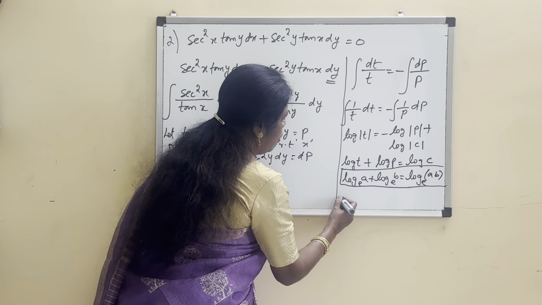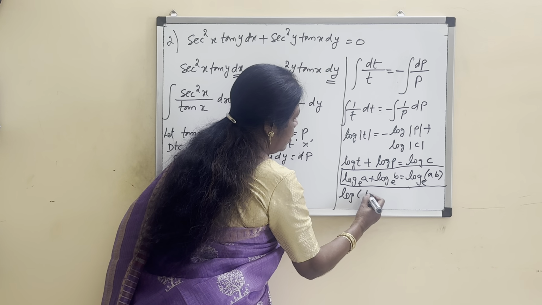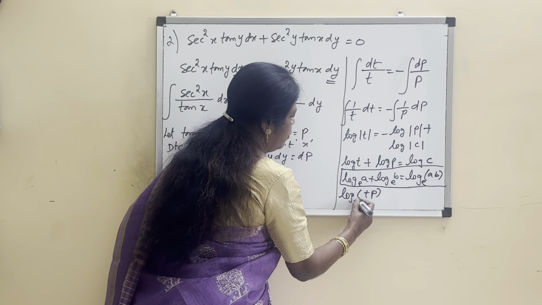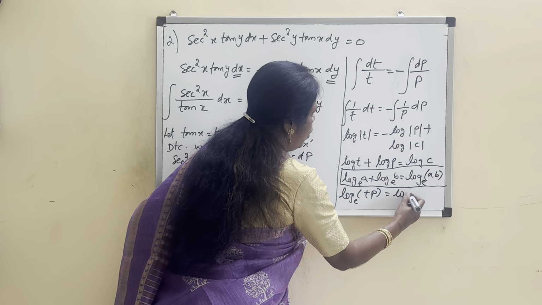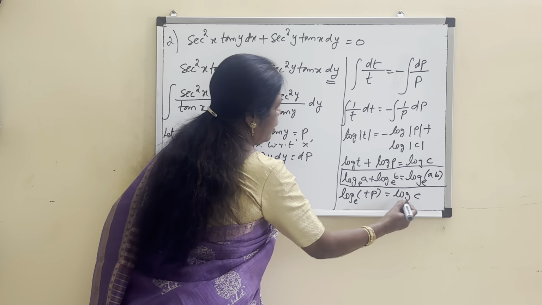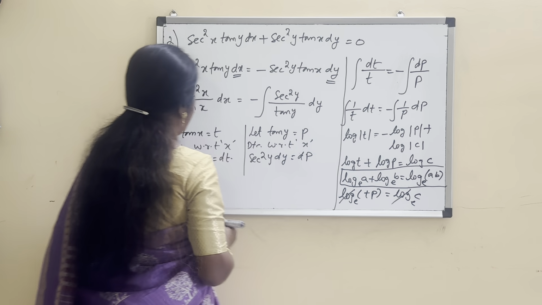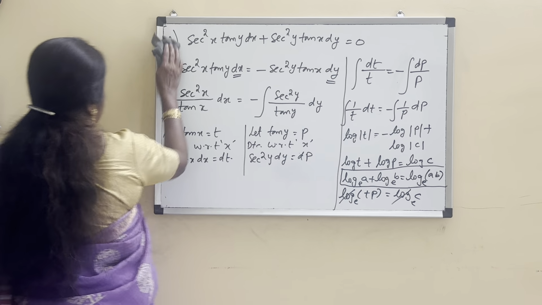So log of t into p, the base is e, is equal to log c. Right, so we can cancel log both sides, base e also. We can cancel log both sides.